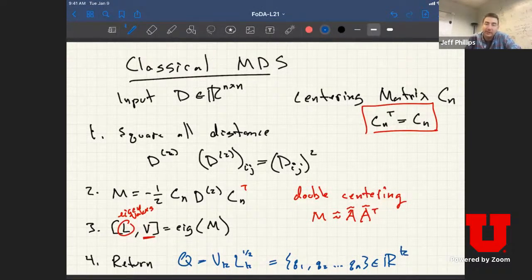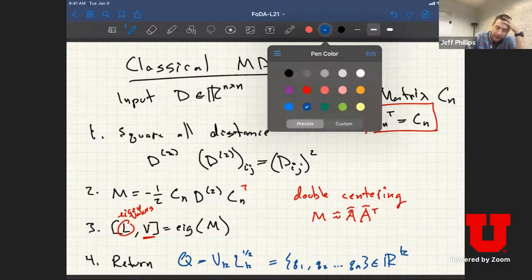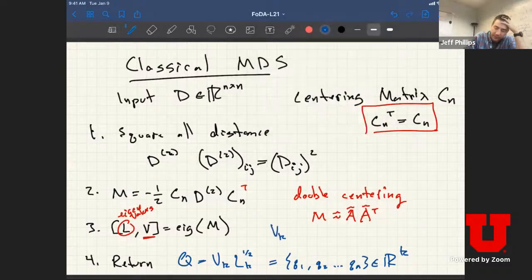I can think of these as having a k-dimensional basis here. I'm only taking V_k, the matrix of the top k eigenvectors, right? So this is going to be n by k, okay?